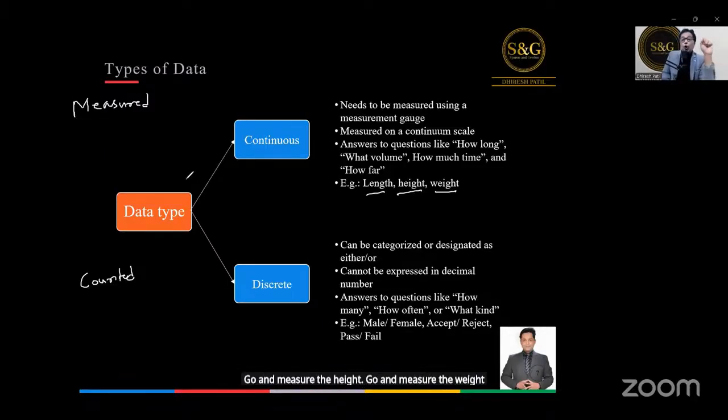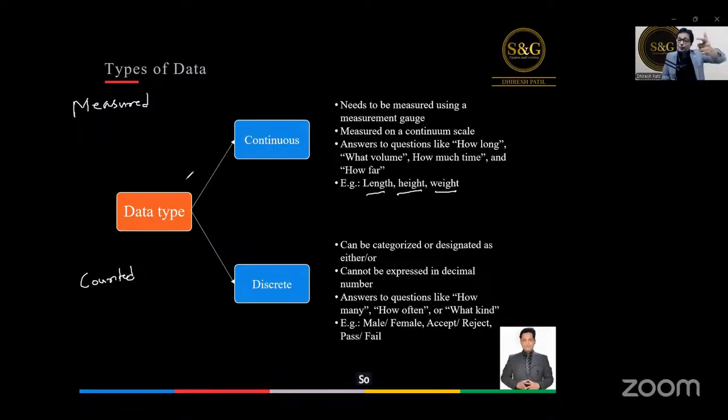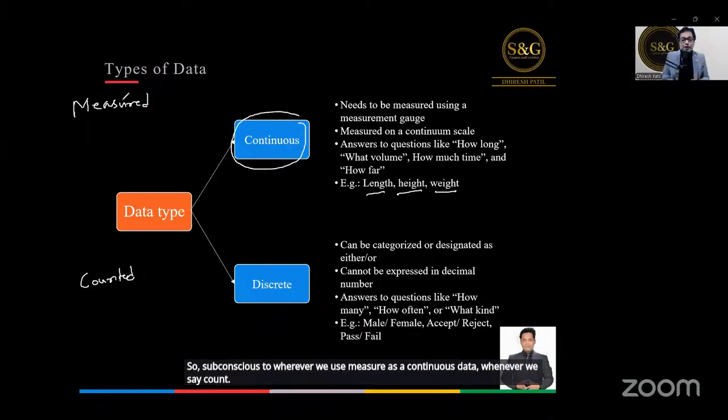We never say go and count the height, count the weight, or count the length. We say go and measure the length. So wherever we use measure, that's continuous data. Whenever we say count, that's discrete data.